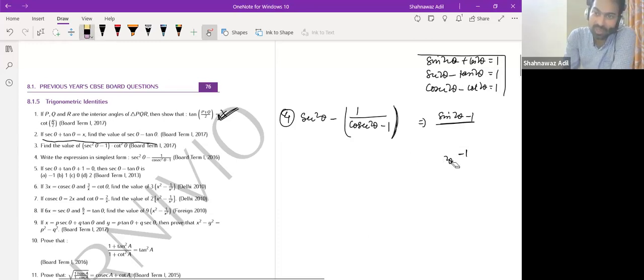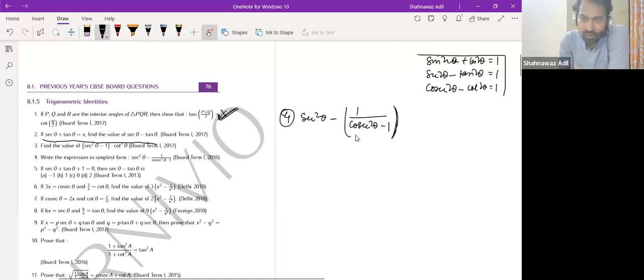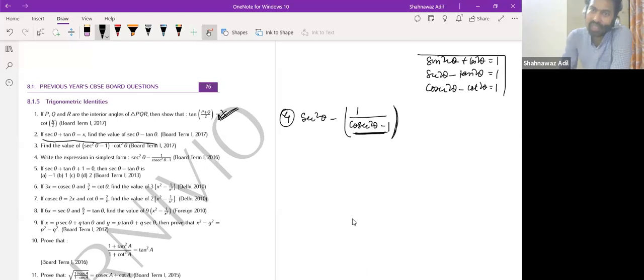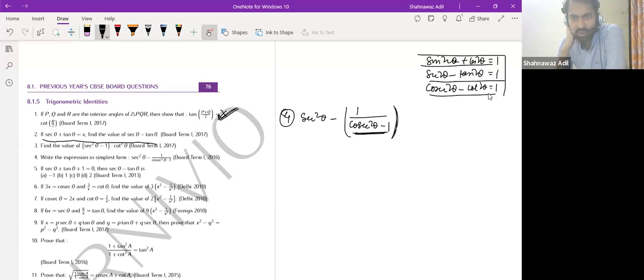So be careful. Okay, but what can I write about cosec square theta minus 1? Cot square theta, right?